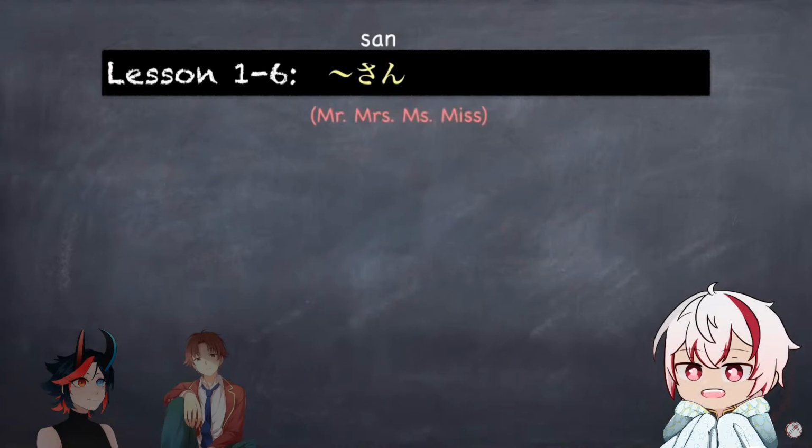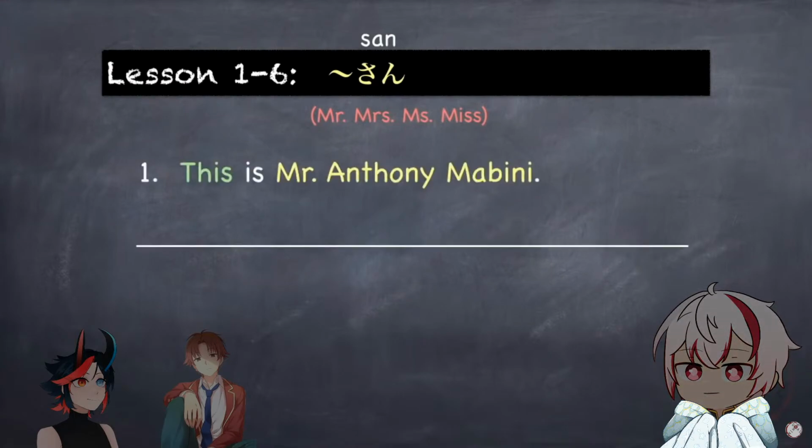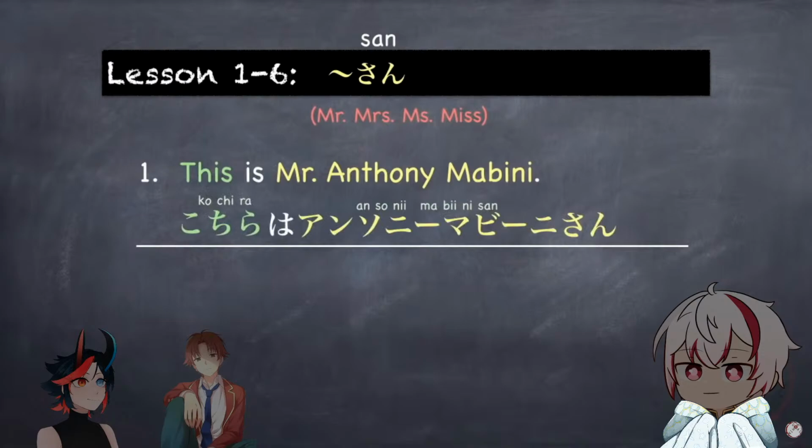Lastly is the word san. So san is used to show respect. Basically, it is the equivalent of honorific titles such as Mr., Mrs., or Miss in English. So let's take a look at this example. This is Mr. Anthony Mabini. Kochira wa Anthony Mabini san desu. Okay, so this is an example of when you are introducing someone to another person.